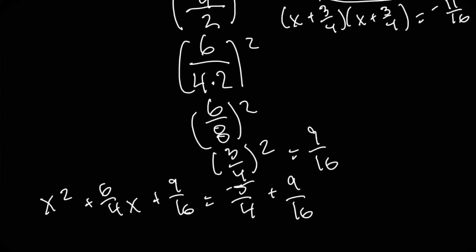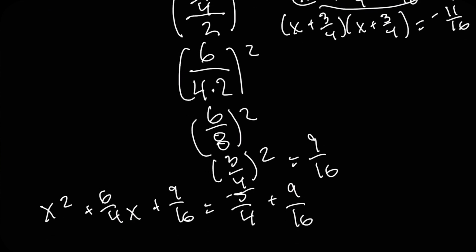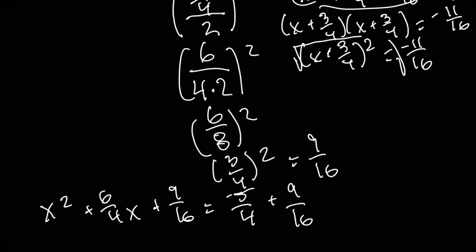And then these are essentially the same thing, so x plus 3 fourths squared is equal to negative 11/16. Take the square root of both sides. When taking the square root, don't forget to add your plus or minus, negative 11/16.